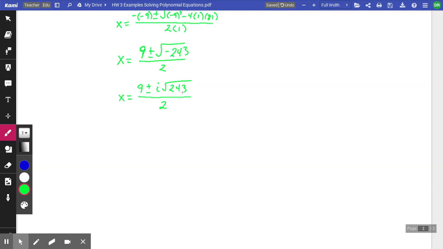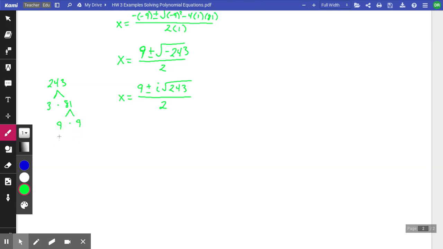And then we can try the square root of 243. It is not a value that we know, and so that is when we make a factor tree to see if we can simplify it. So 243 could be rewritten as 3 times 81, which 81 we know is 9 times 9.